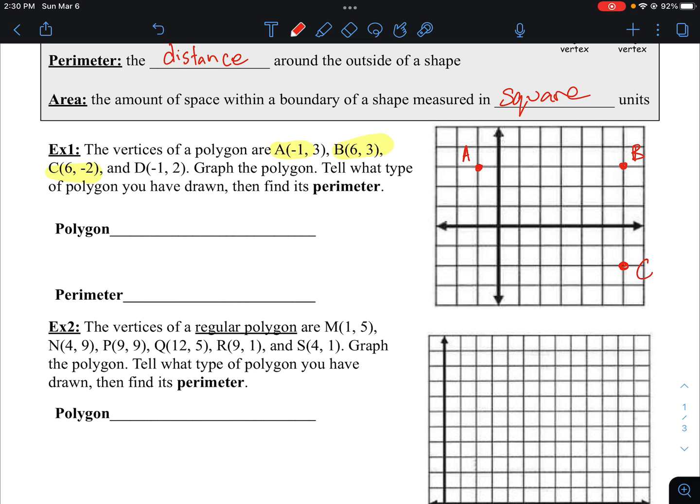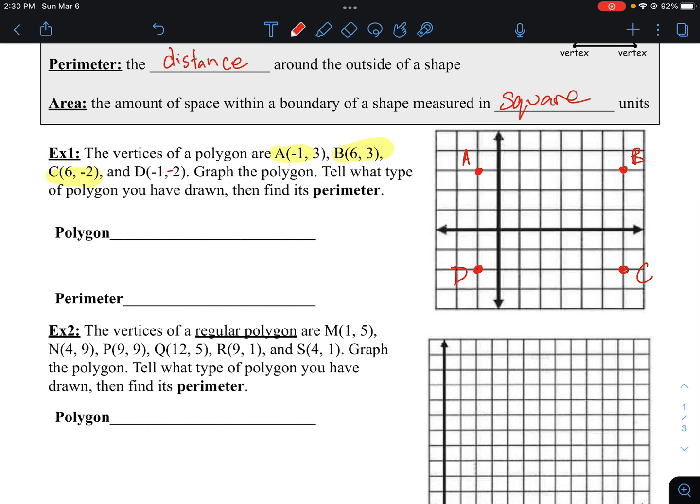Write the letter C. And then D is -1, and it should say, actually, it's a mistake. It should say -2. So it should be right here, -1, -2. And that's D.